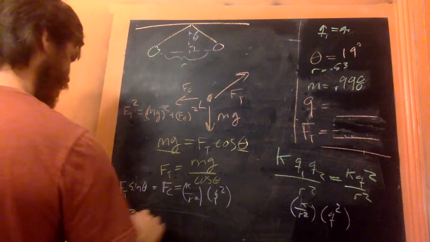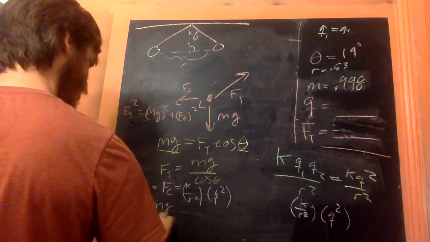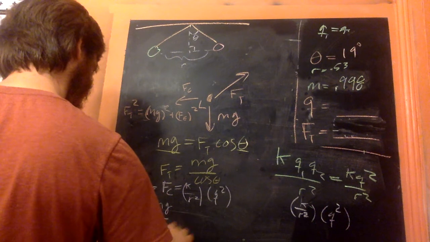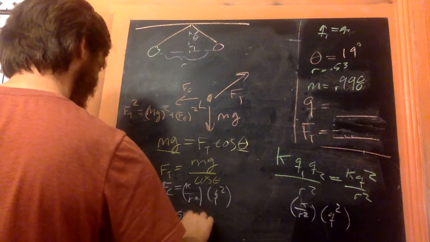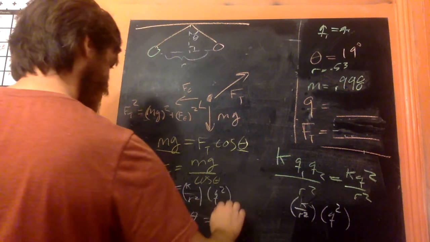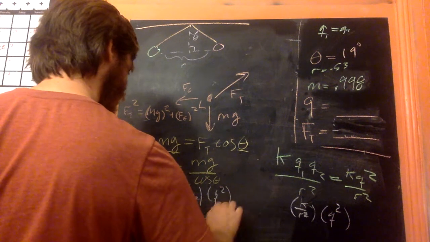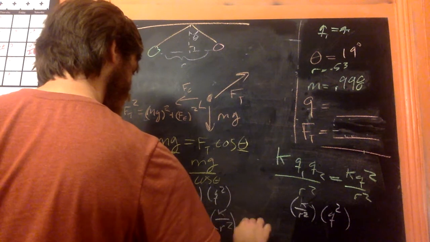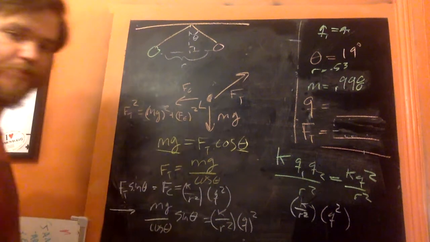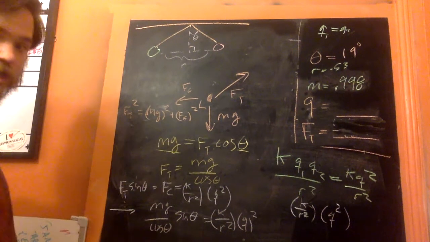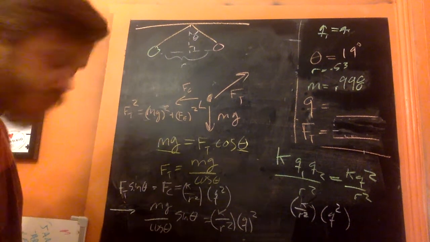This implies that mg over cosine theta times sine theta is equal to K over R squared times Q squared. Now I'm going to move this equation up, and then we will finish this solution.